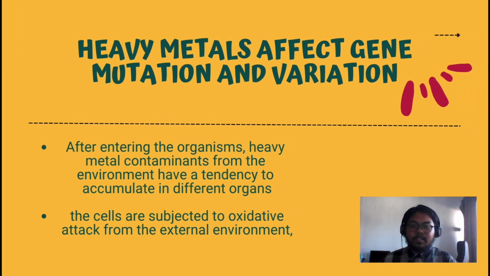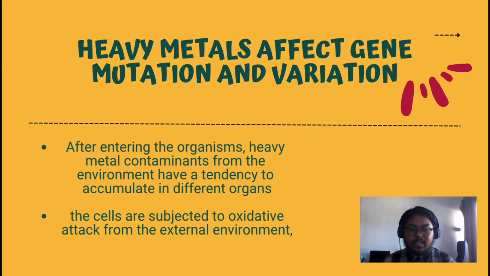Lastly, heavy metals affect gene mutation and variation. After entering the organism, heavy metal contaminants from the environment have a tendency to accumulate in different organs. When their concentration exceeds a certain threshold or after prolonged exposure, these heavy metals damage the tissue and trigger the production of large amounts of reactive oxygen species and electrophilic metabolites, which then combine with DNA molecules.